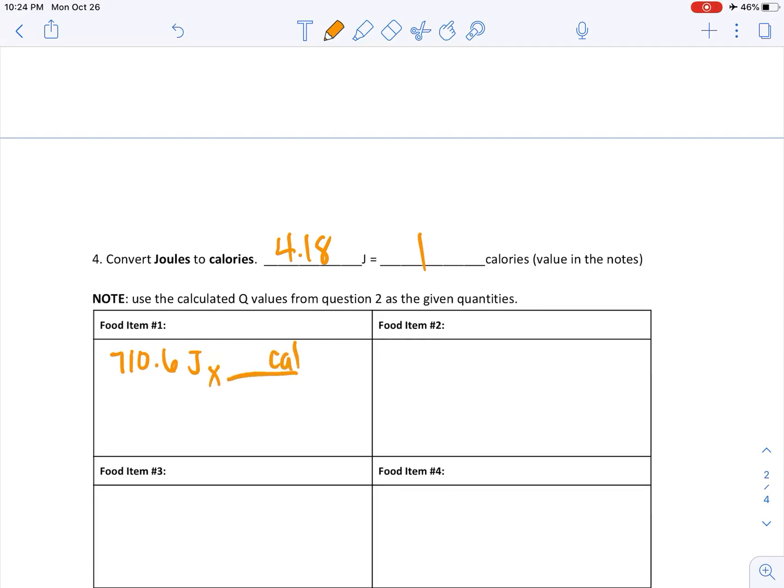So if we're converting to calories, it's on the top. Calories on top. 4.18 is on the bottom. Goodbye to that. So in my example, we're going to do 710.6 divided by 4.18, and I get 170 calories. Okay, and you're going to do that same conversion, times 1 calorie over 4.18 joules, and get the answers.